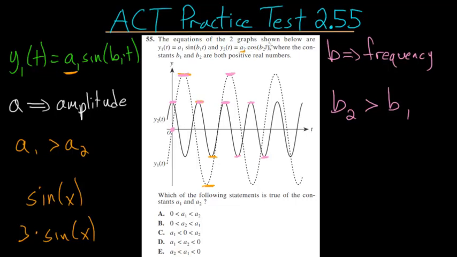But if cosine was multiplied by a negative number in front, then the cosine function would be passing through a valley when t is equal to 0. But we can see that that's not the case, so therefore this a2 would have to be a positive value as well. So a1 and a2 we can say are bigger than 0.